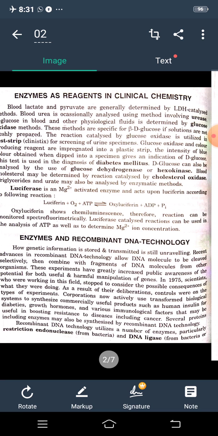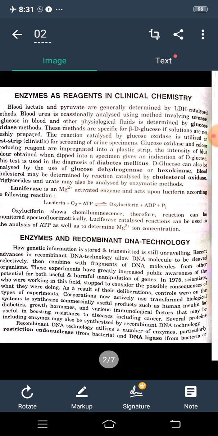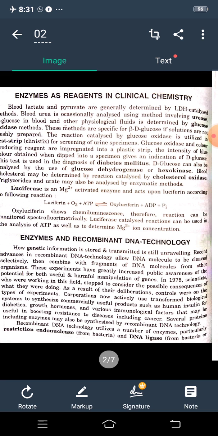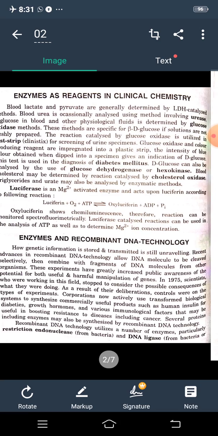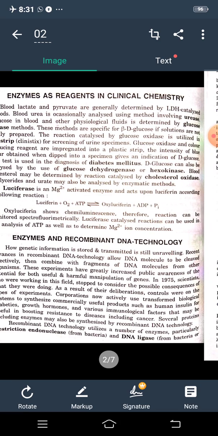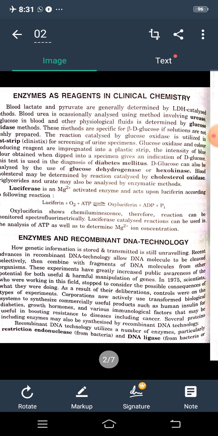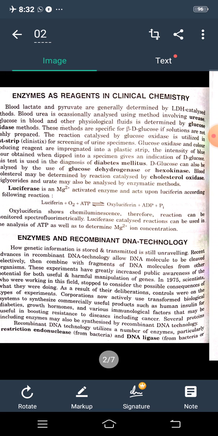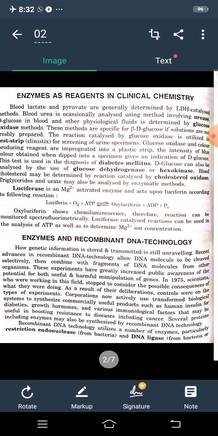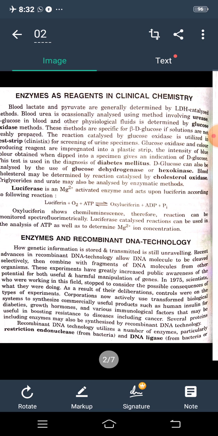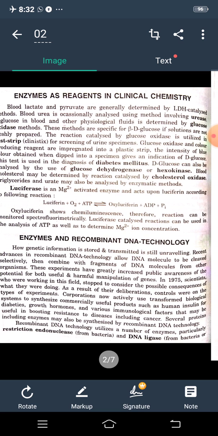Corporations now actively use transformed biological systems to synthesize commercially useful products such as human insulin for diabetes, growth hormones and various immunological factors that may be useful in boosting resistance to disease including cancer. Several proteins including enzymes may also be synthesized by recombinant DNA technology.